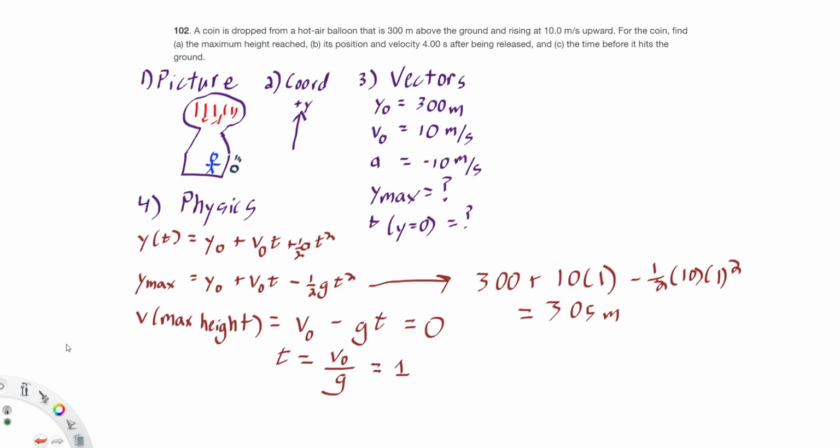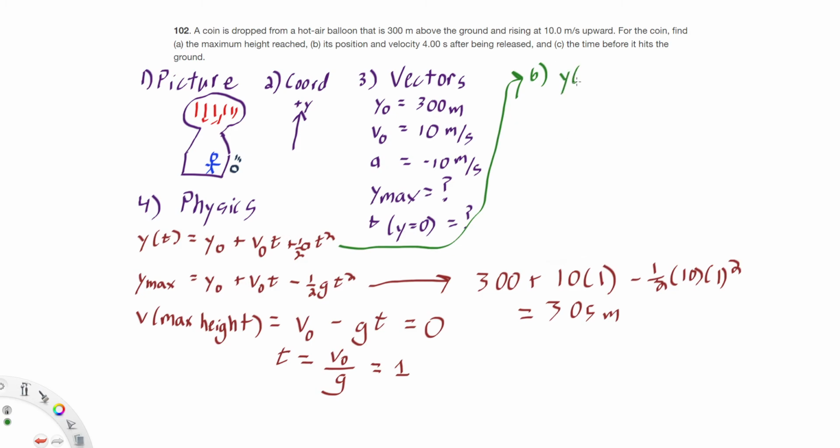For part B, we want the position and velocity 4 seconds after being released. So we can actually start from our kinematic 2 that we've already written down. So part B, what is our height at 4 seconds after release?